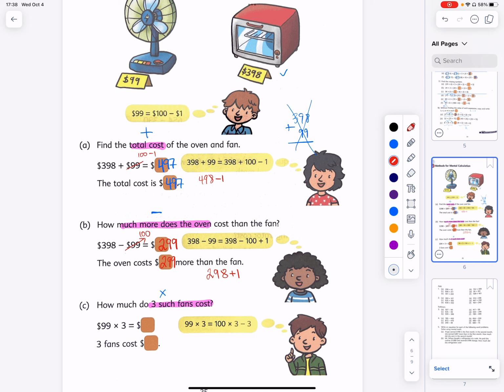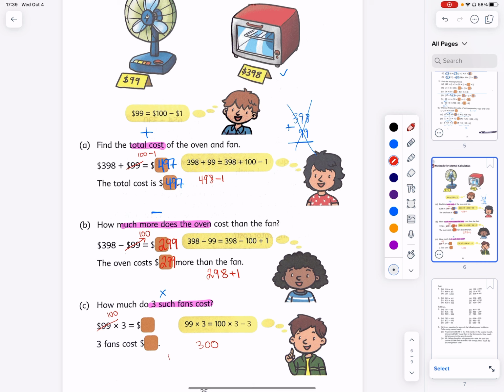And finally, to multiply 99 times 3, we again think of 99 as around 100. 100 times 3, of course, easy peasy, that is 300. But we took $1 extra 3 times. We only needed $99. We took $100 3 times.